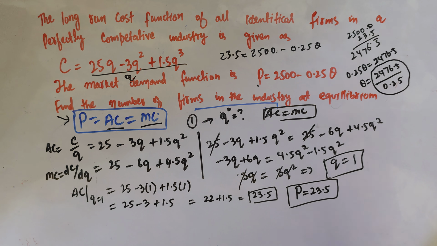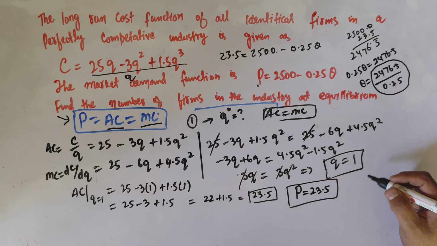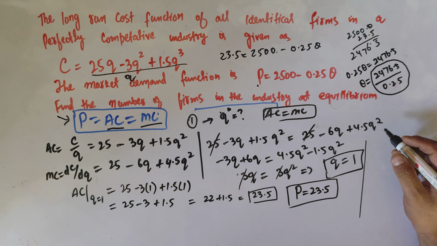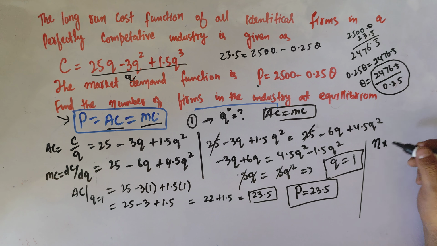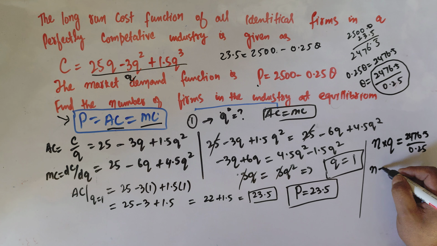Then what will be the total number of firms in the industry? We know that the number of firms times the output produced by each firm should be equal to the total output, which is 2476.5 upon 0.25. So n will be equal to 2476.5 divided by 0.25.